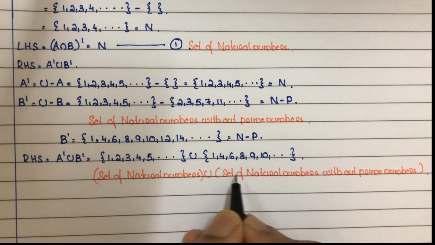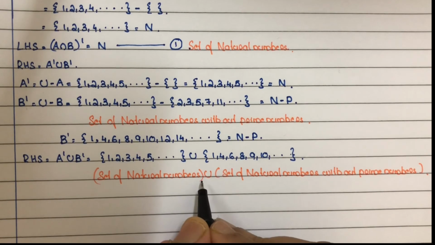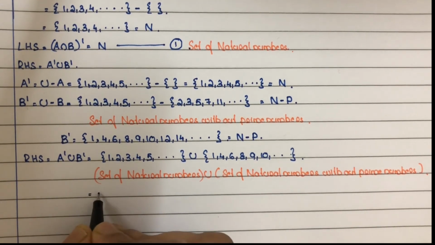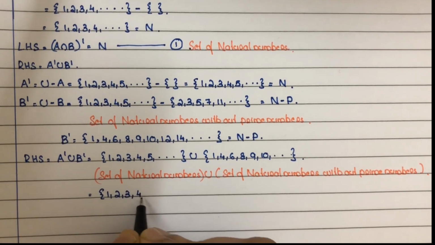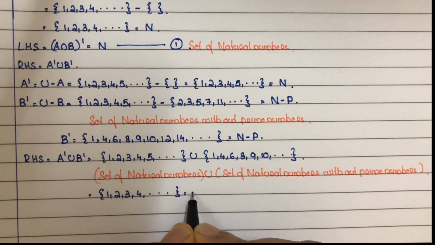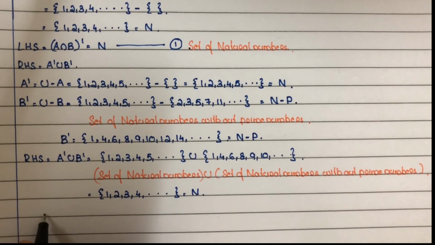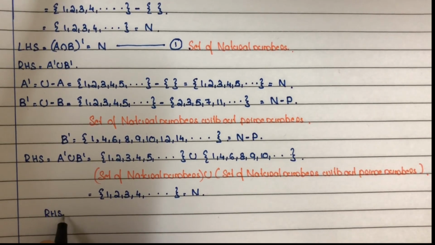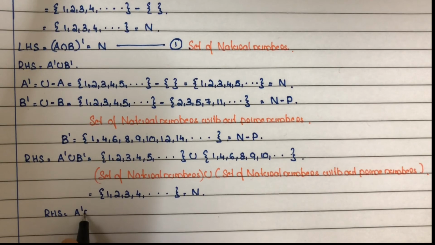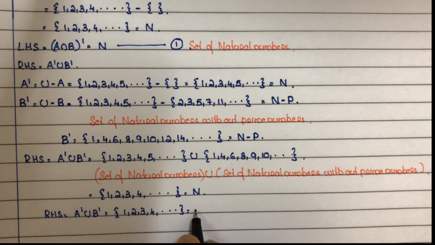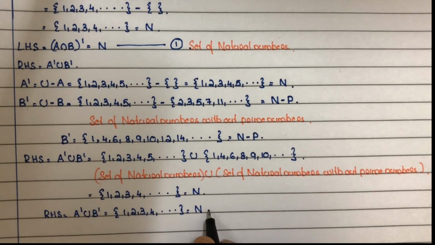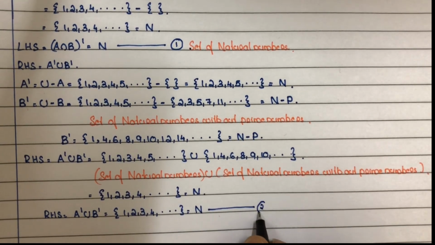So union of these two sets is the set of natural numbers, right? So RHS equal to A complement union B complement equal to 1, 2, 3, 4, etc., equal to N. Mark it as equation number 2.